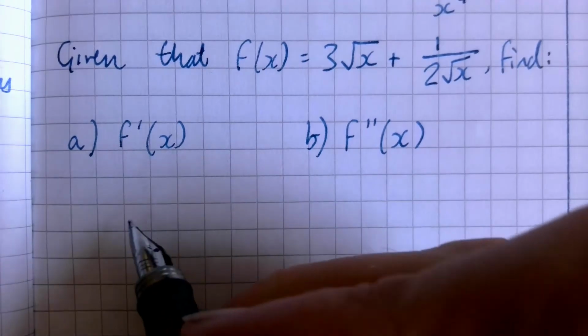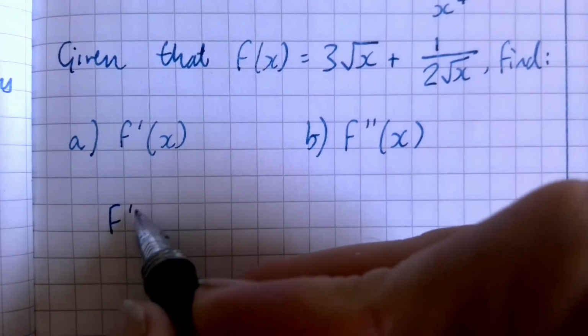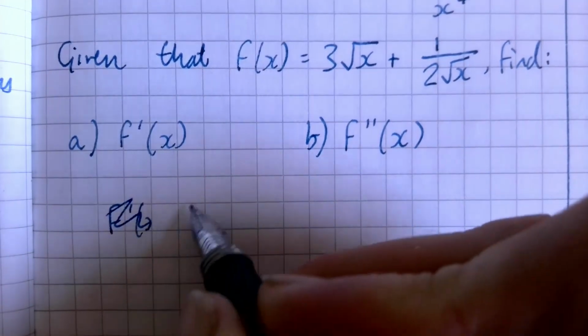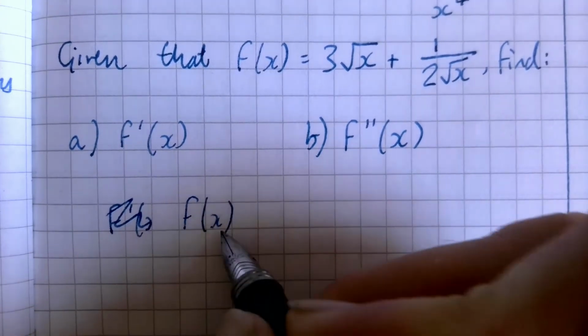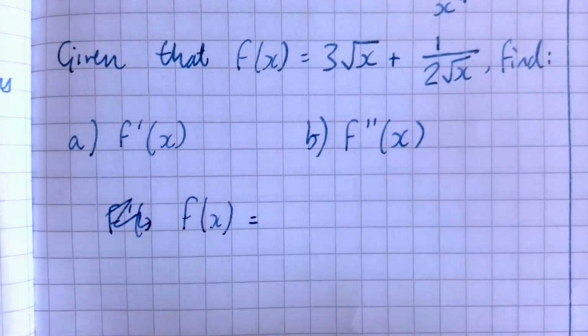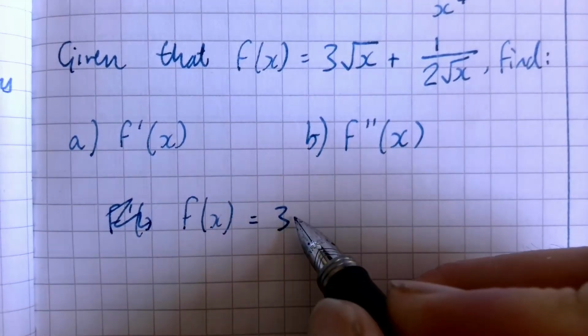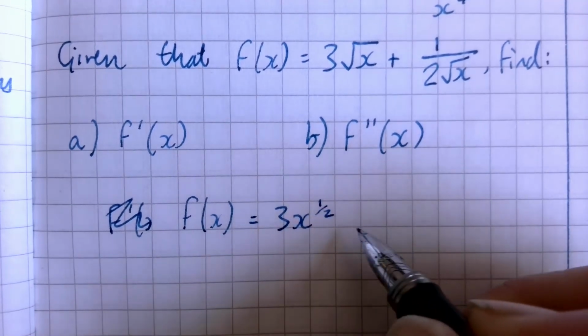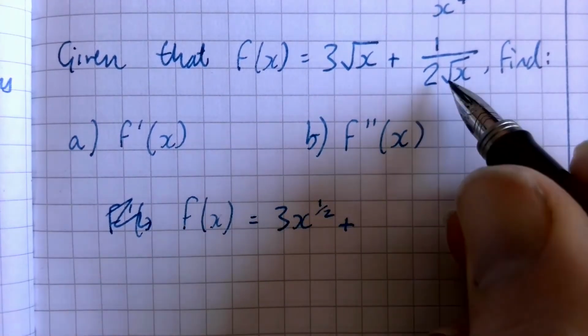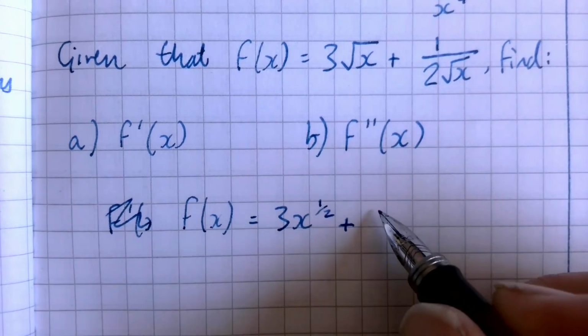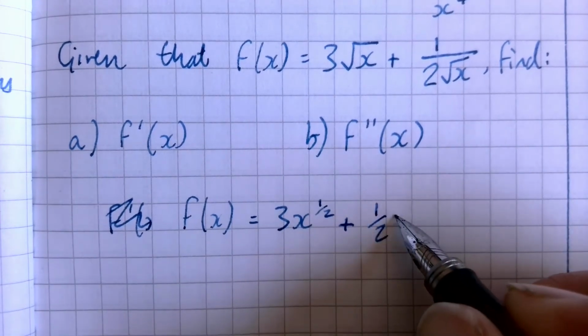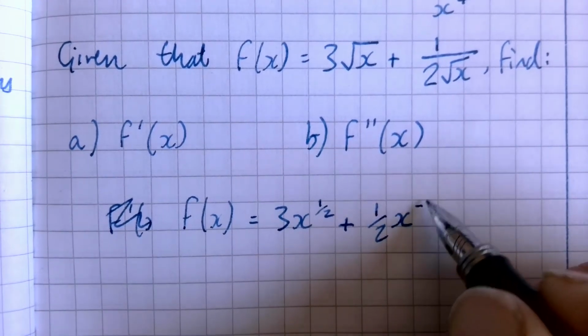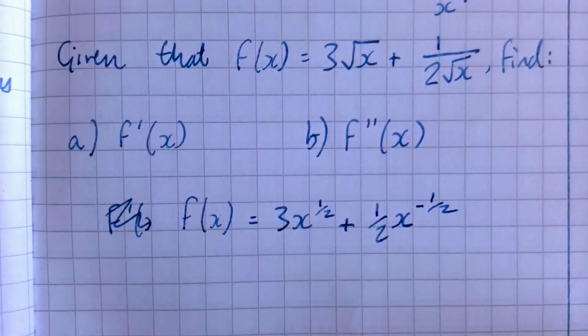Going into index form then, if I just keep it as a function, we should have 3 root x is 3x to the power a half, and then we've got a half x to the power negative a half.